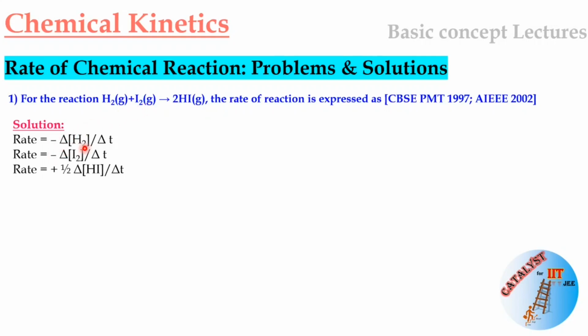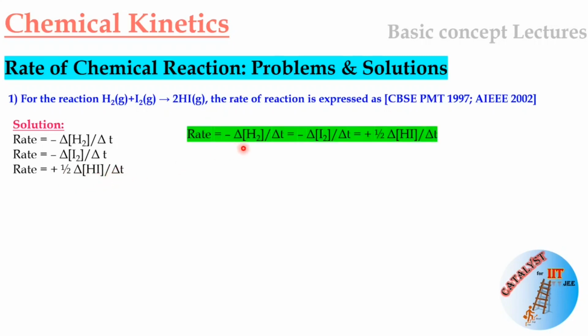So minus del H2 by del t, and here also minus del I2 by del t, but here the coefficient is 2, so it will come as half and the positive sign, so the rate will be half del HI by del t. So overall, minus del H2 by del t equals minus del I2 by del t equals plus half del HI by del t. So this was the option.